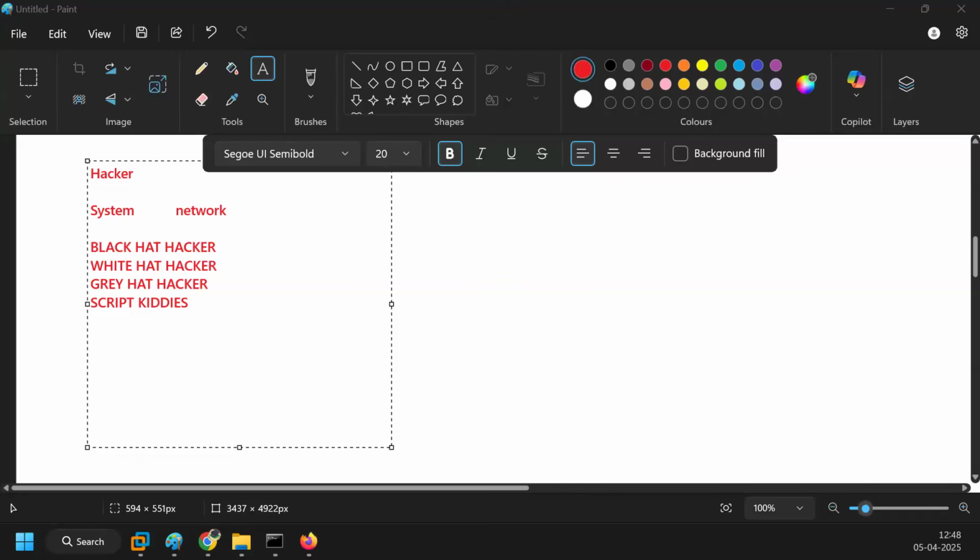For example, people with curious minds go on the internet and search how to hack Facebook.